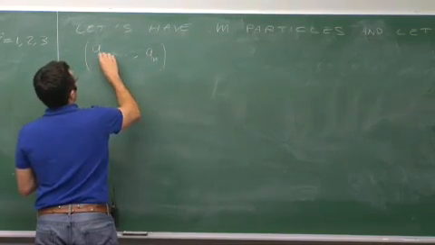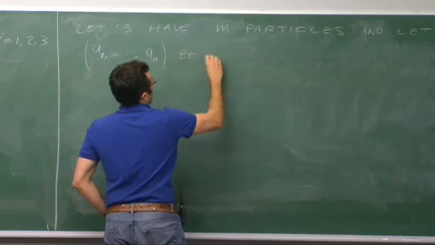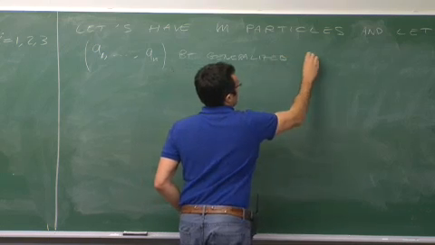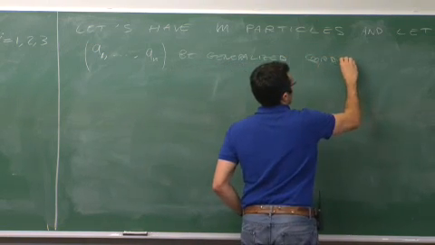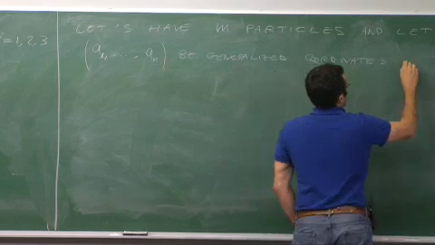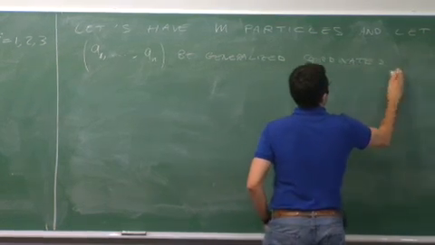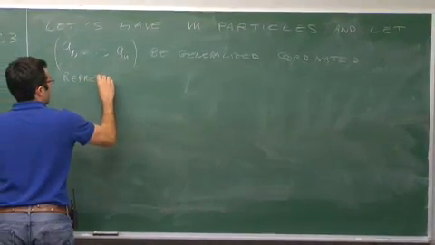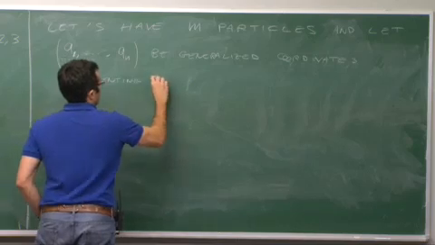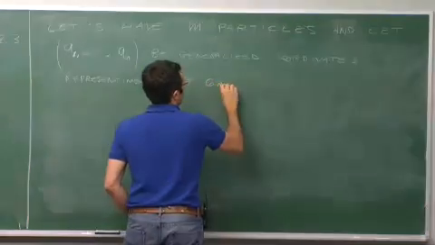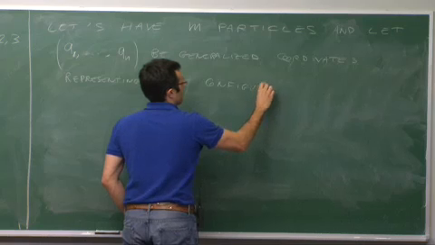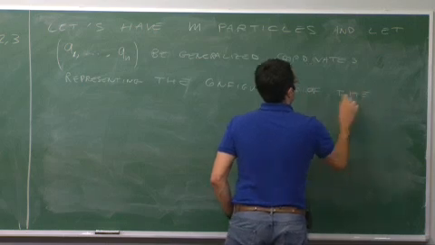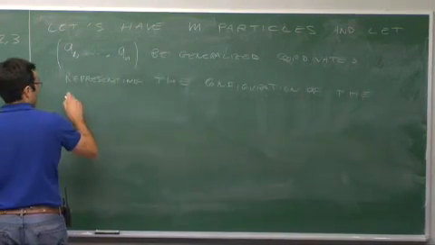So let Q1, ..., Qn be generalized coordinates representing the configuration of the system. The system is those m particles, of course.